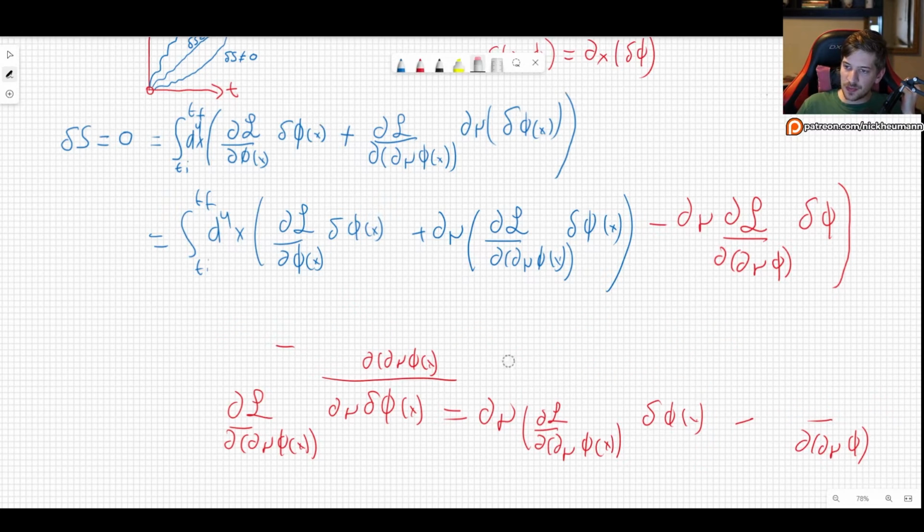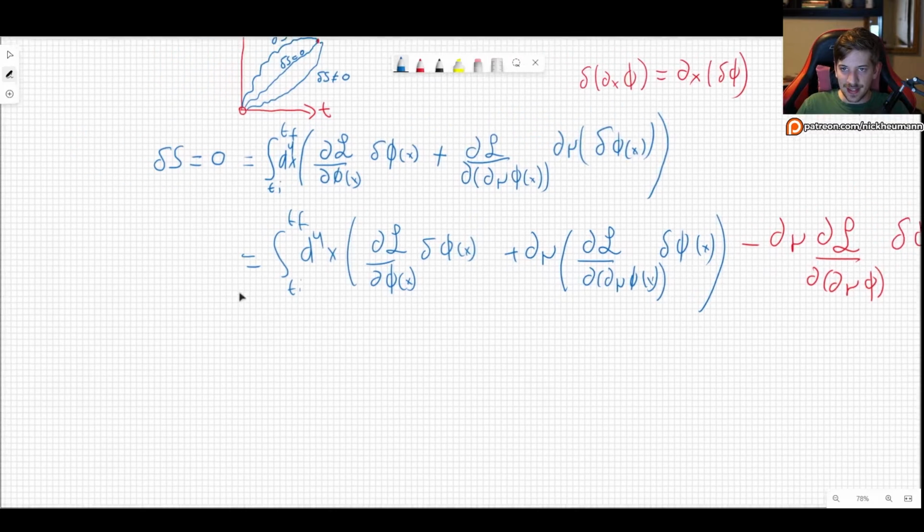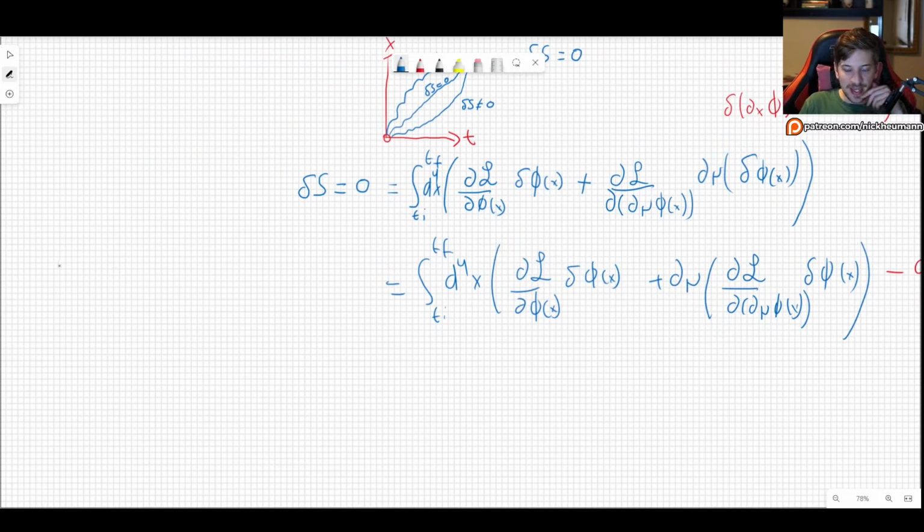Now there is something that we need to consider with respect to the variation that we are doing. So the variation that we are doing, this delta S, the whole point is that when we apply it, when you have the variation on the fields, we want that at the starting time and also at the end point, the variation to be 0.